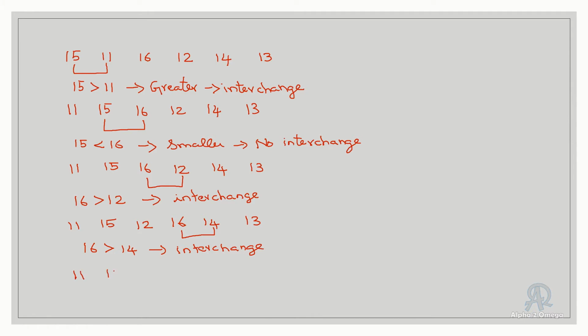So 11, 15, 12, 14, 16 and then 13. Now the last two terms will be compared. The same thing: 16 is greater than 13, so interchange.